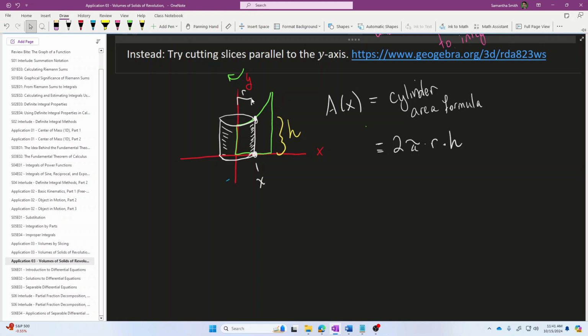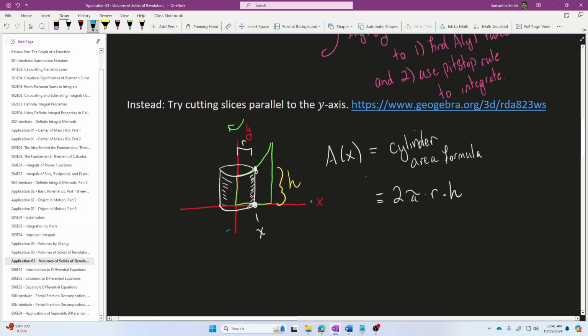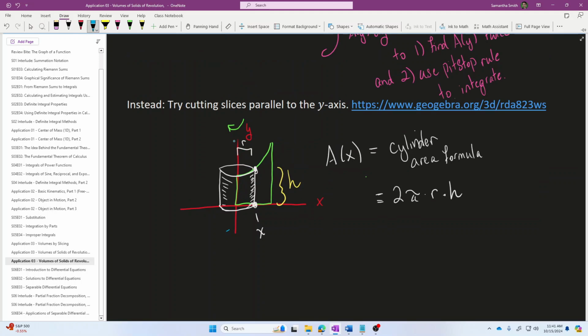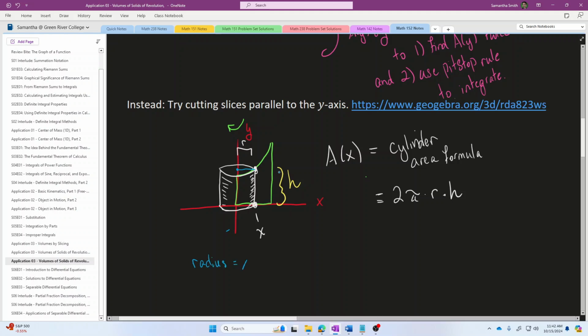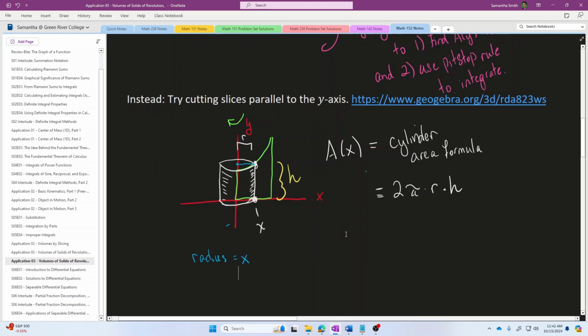Now, the picture may give us some nice information here. The radius of the cylinder is stretching all the way from the central axis to the x-coordinate where the cut was made. So it looks like the radius of the cylinder is an exact match to the x-coordinate of the cut in this picture.